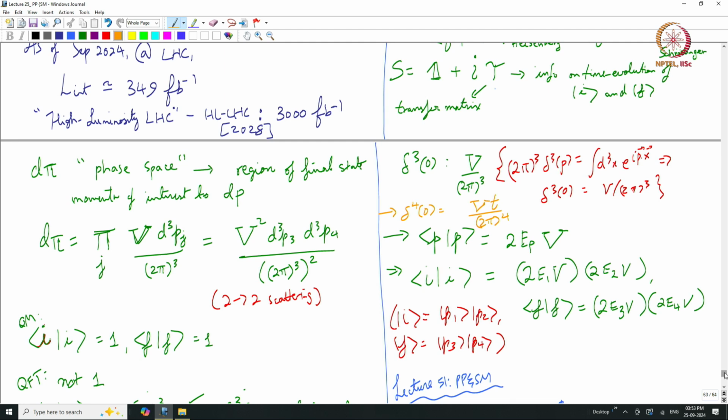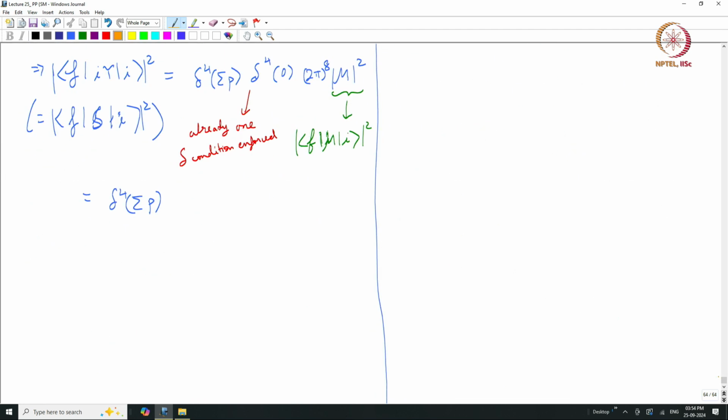That is all it means. So, that is what I am going to write down here. It is just volume times time. Now, there is a 2 pi power 4 in the denominator that cancels a 2 pi power 4 in the numerator, so I just have 2 pi power 4 left from that 8, times M squared.